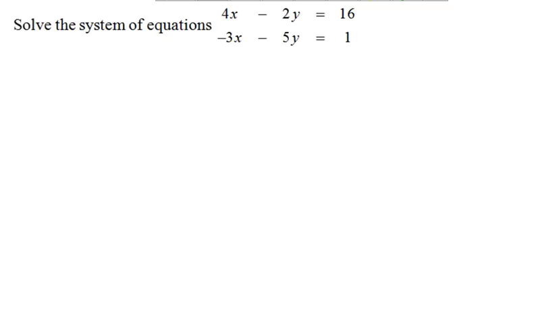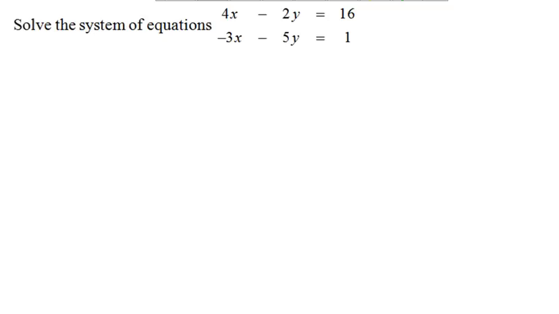If we take a look at the very first equation, we can divide both sides by 2. Indeed, that is what we should do first. There is a common factor for this particular equation. So let's divide everything by 2.